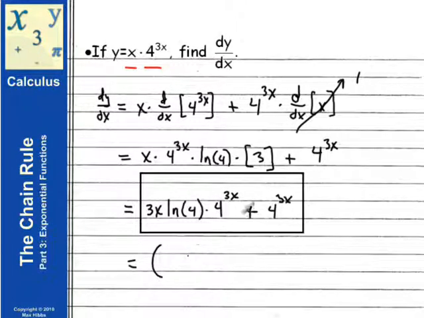We could factor 4 to the 3x out, and we would have 3x times natural log of 4 plus 1, and that quantity multiplied with 4 to the power 3x. Either one of these answers would be acceptable in a problem of this nature.